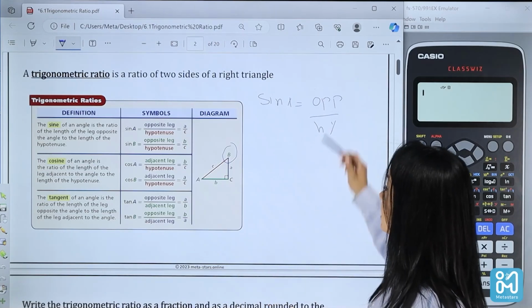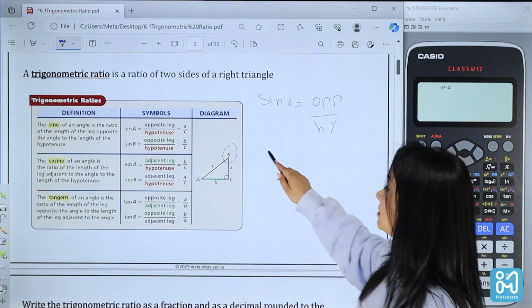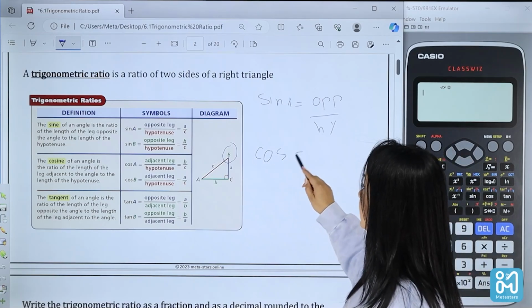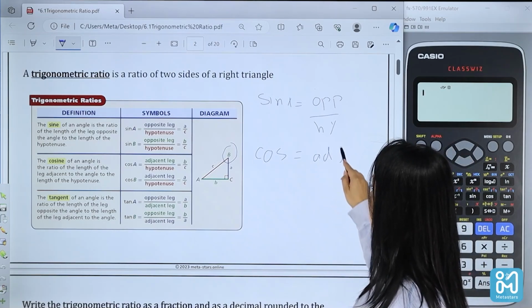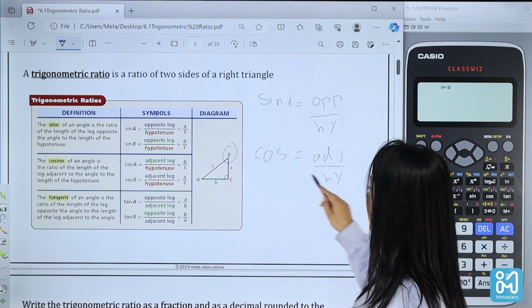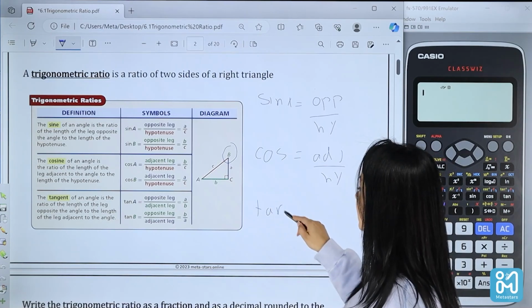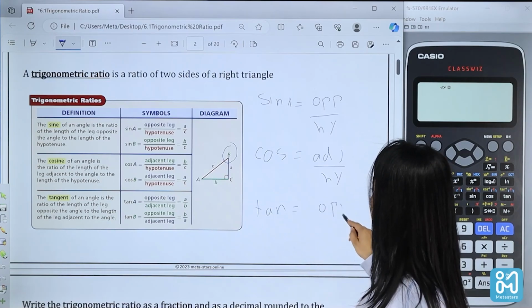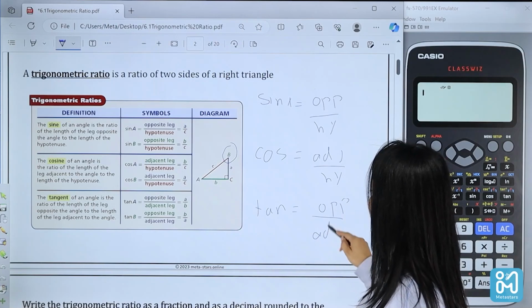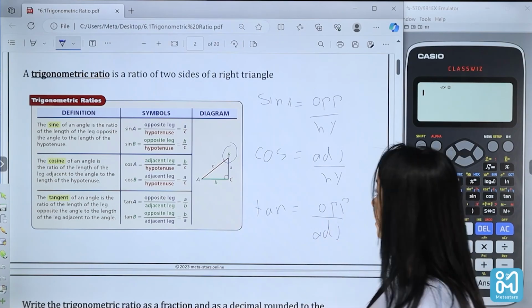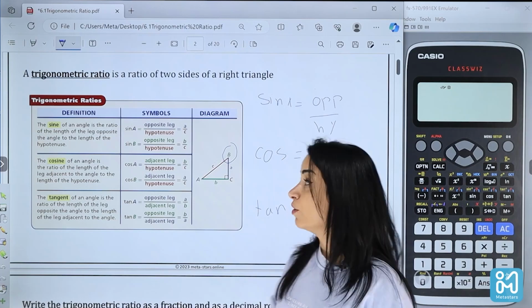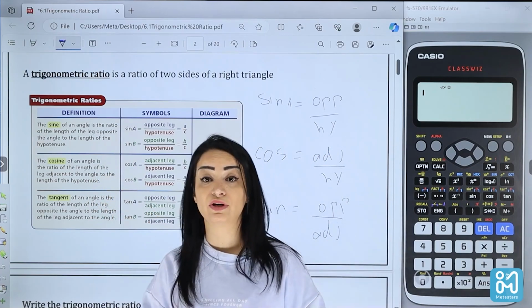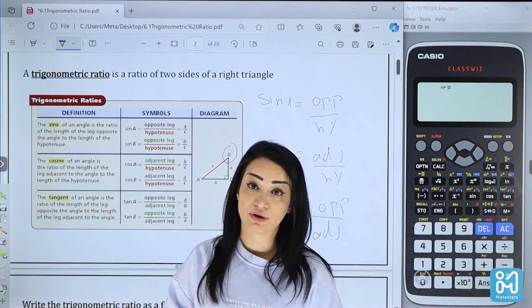So sine is equal to opposite over hypotenuse. Cosine is equal to adjacent over hypotenuse. Tan is equal to opposite over adjacent.